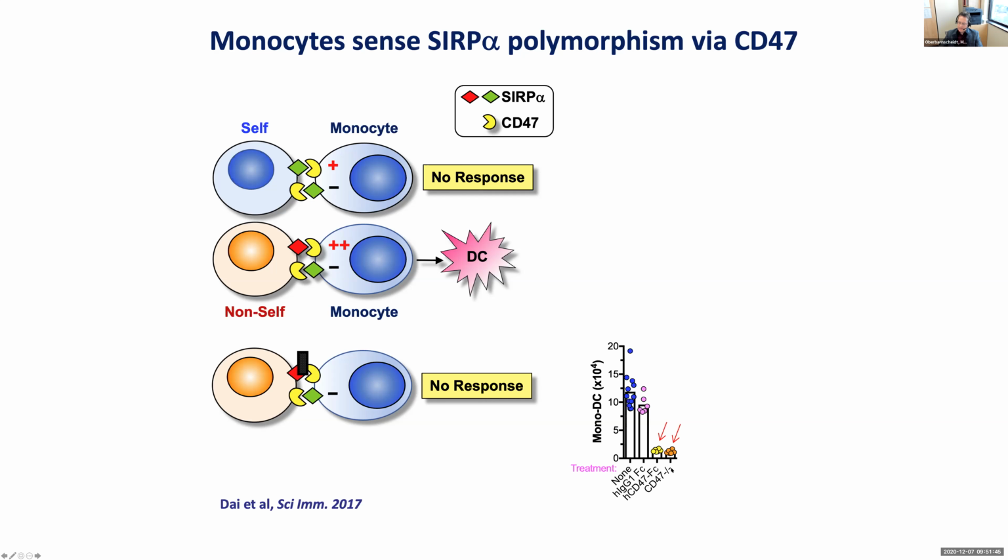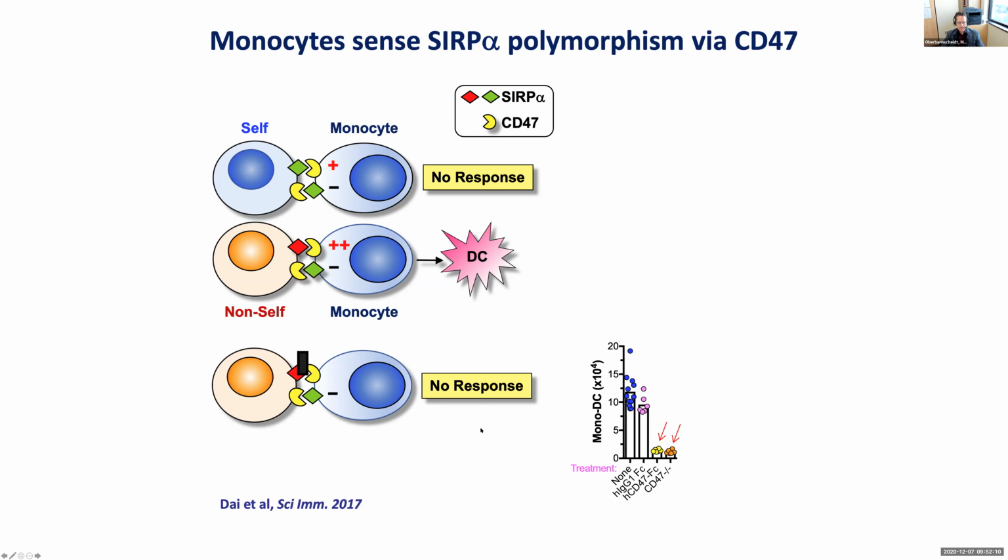Likewise, if you take away CD47 of the recipient, you also get less infiltration, indicating that interrupting that SIRP alpha CD47 pathway between monocytes and other cells is important in sensing allogeneic non-self.